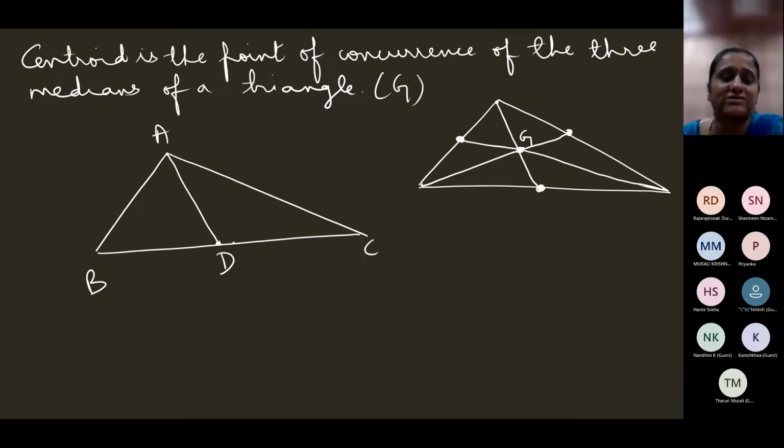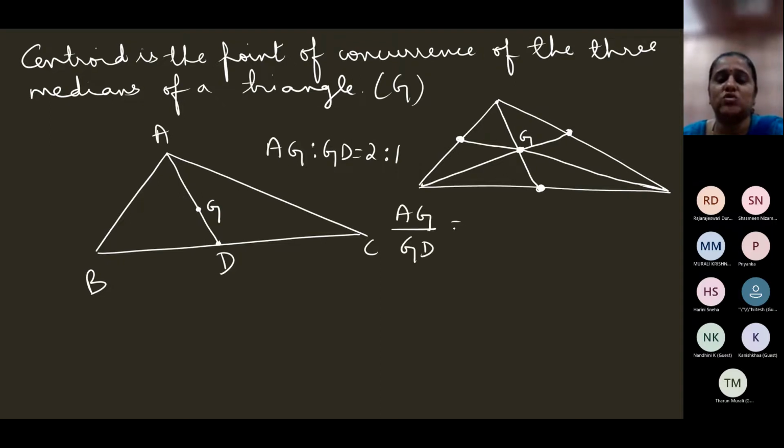Now the centroid lies here on the median AD. The ratio AG to GD is 2:1. It is AG by GD, not GD by AG; GD by AG is 1:2. From the vertex to the centroid, 2 parts. From the centroid to the midpoint, 1 part.